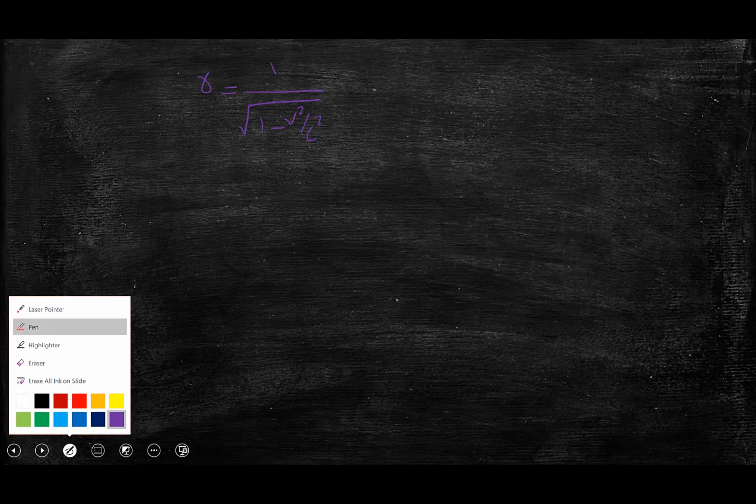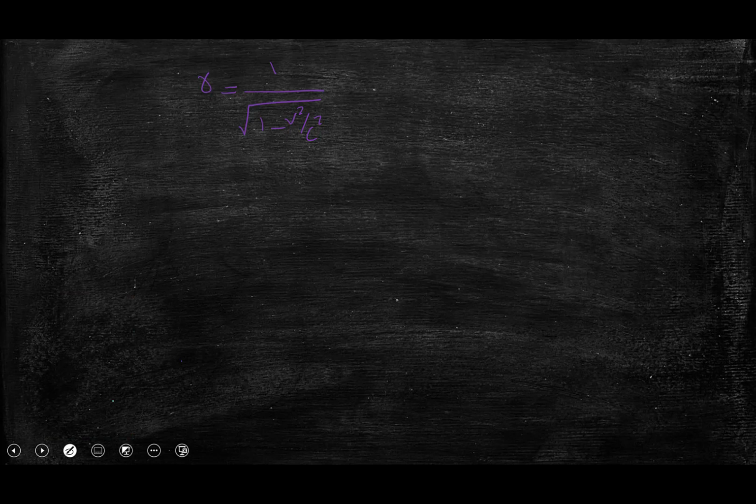Now what I want to show you is how I can rearrange this to solve for v. In order to do that, I can square both sides to get rid of the square root. I don't like seeing the square root there, so let's do that. Gamma squared is equal to 1 over 1 minus v squared over c squared. And then we're going to rearrange this.